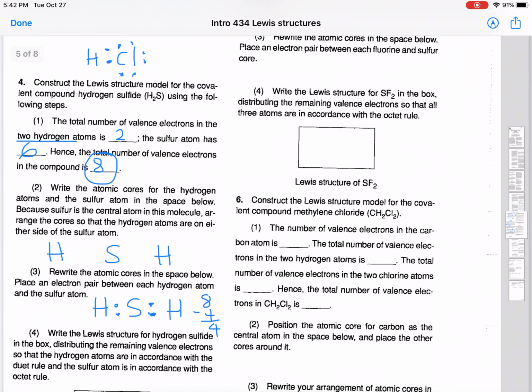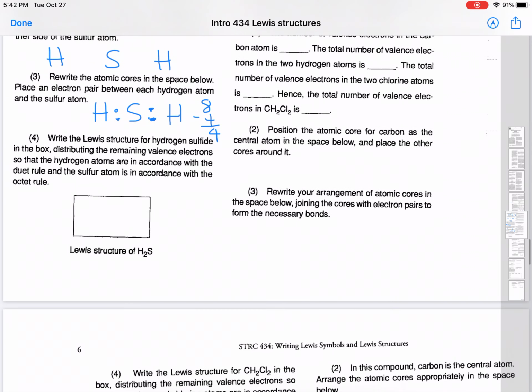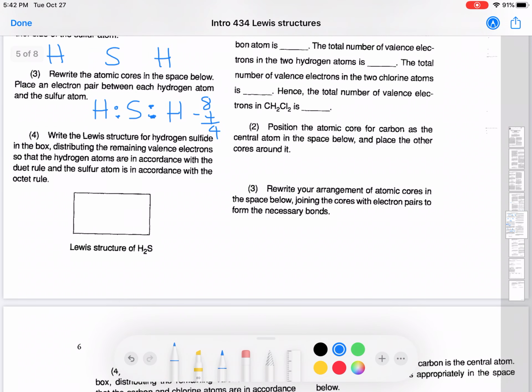Now we're going to put these 4 either on hydrogen or sulfur, giving them an octet. Hydrogen doesn't need an octet, it would resemble helium configuration, 2 electrons. It's a duet rule. But for the sulfur, we need to have 8 electrons. For right now, sulfur has 4 because it's a covalent compound and they are sharing electrons.